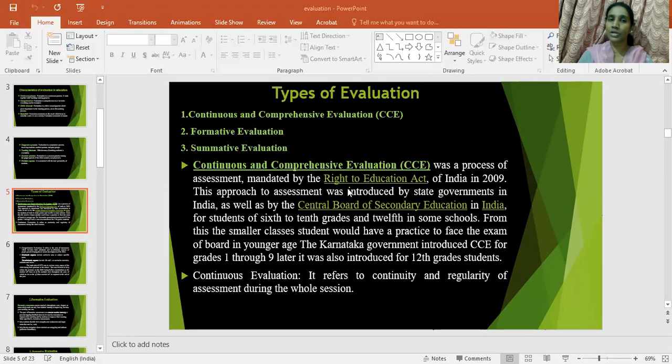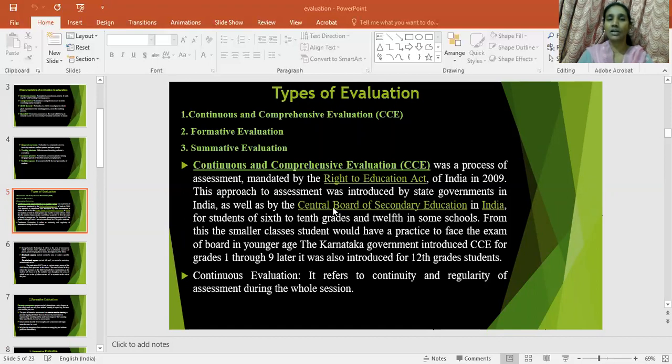This approach to assessment was first introduced by state governments in India as well as by the Central Board of Secondary Education in India.